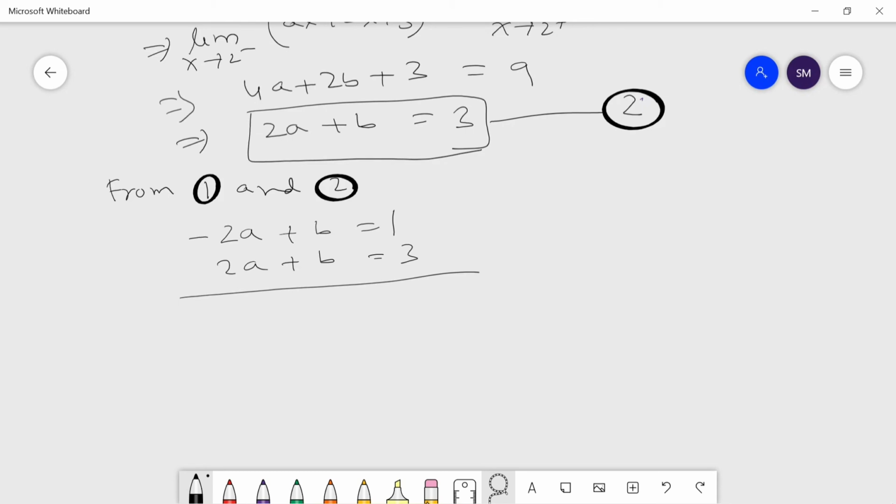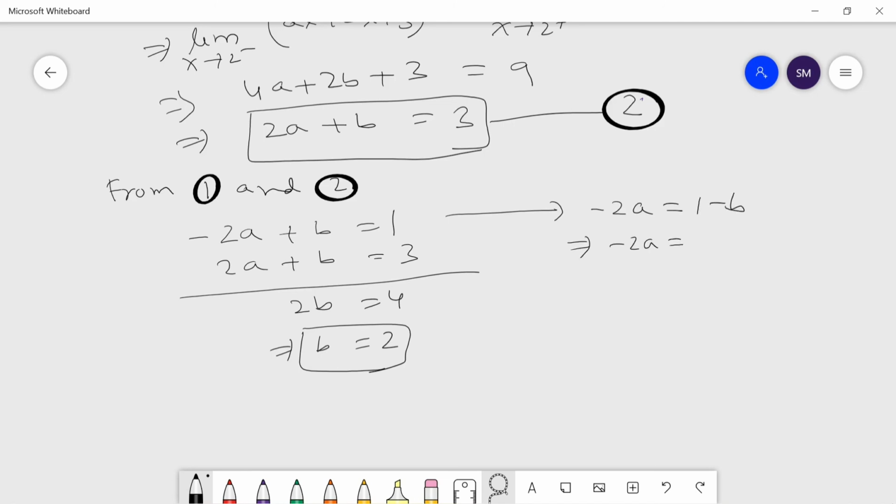If you add them you will get 2b equal to 4. So this implies b equal to 2. Substitute any of them. Here you will have minus 2a equal to 1 minus b. This implies minus 2a equal to 1 minus 2 equal to minus 1. So this implies a is equal to half.